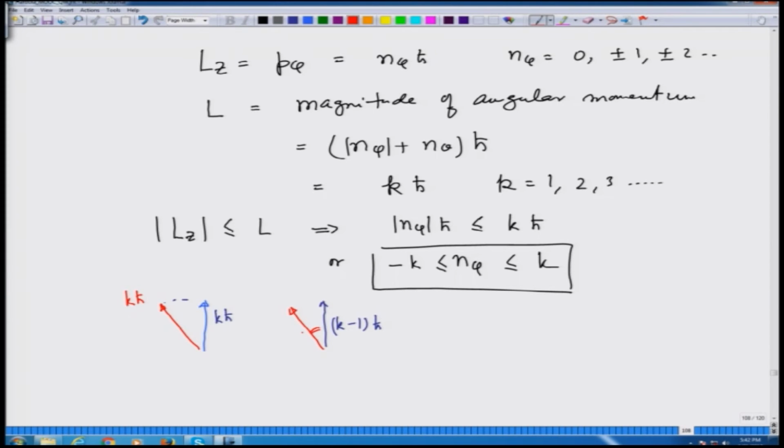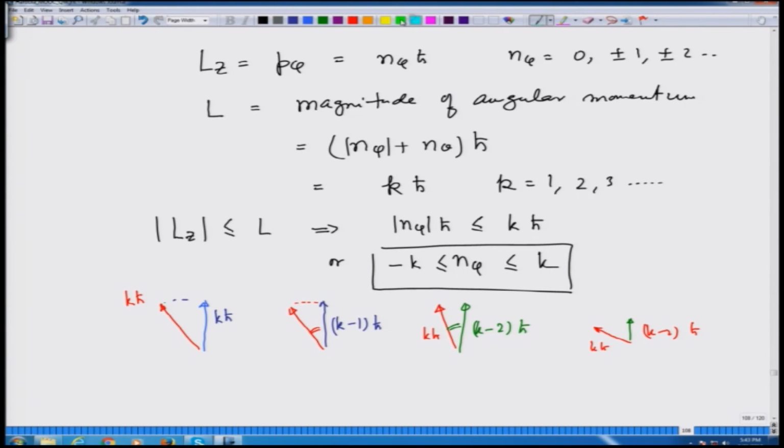It cannot be any arbitrary direction. The projection has to be (k minus 1) h cross. Third, I could have this k h cross, and the z component would be (k minus 2) h cross. I am just drawing these symbolically, these angles are not drawn precisely. In fact, for k minus 2 h cross, the angular momentum would be at a larger angle.